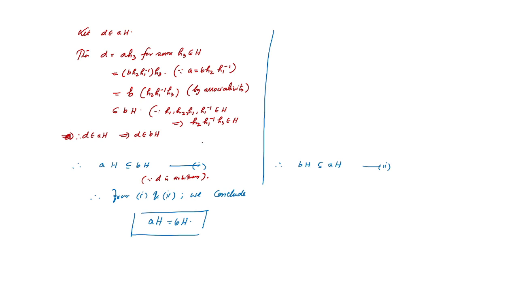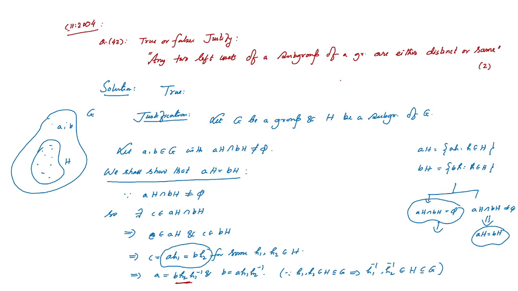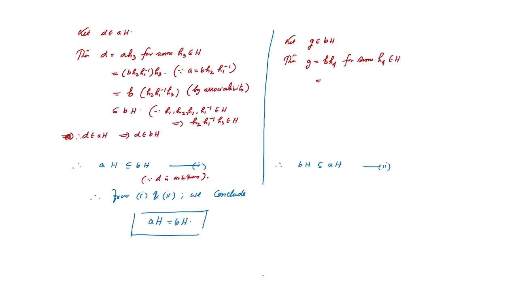Again, we will take an element from bH. Let some element g belong to bH. Then g equals b h4 for some h4 belongs to H. What is the meaning of b? b means a h1 h2 inverse, so we put that here: a h1 h2 inverse h4, since b equals a h1 h2 inverse.